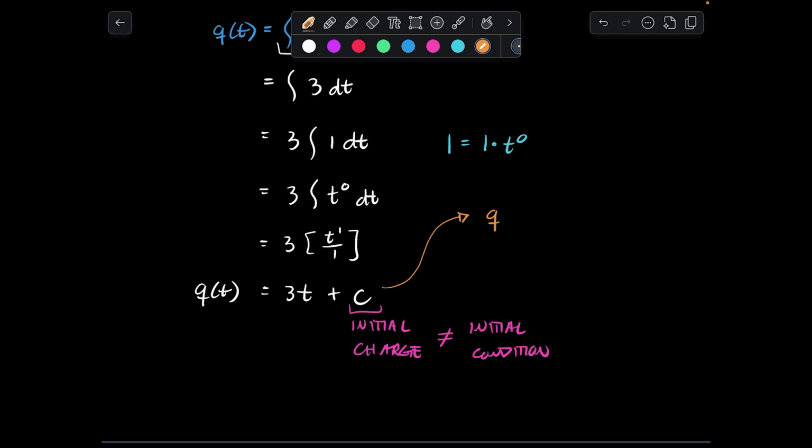We have our initial condition of Q of 0 being equal to 1. Q of 0, plugging 0 into this equation, we get 3 times 0 plus C, which is also equal to 1.